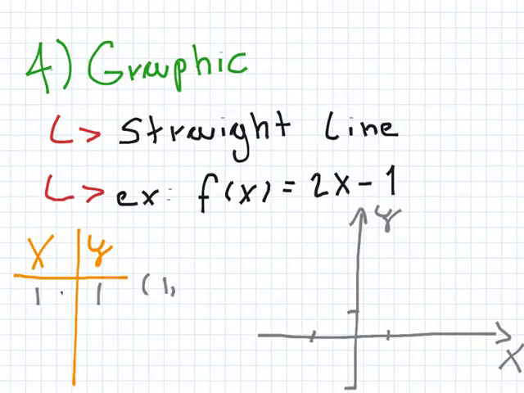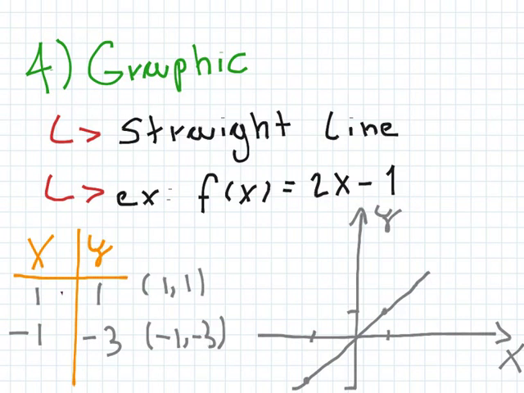So we have this point, and let's choose another value for x, let's say minus 1. When x is minus 1, it's going to be 2 times minus 1 minus 1, that would be minus 3. So we have this point over here. Then you just plot the first point here and the second point here, and you can see that we have a straight line over here.